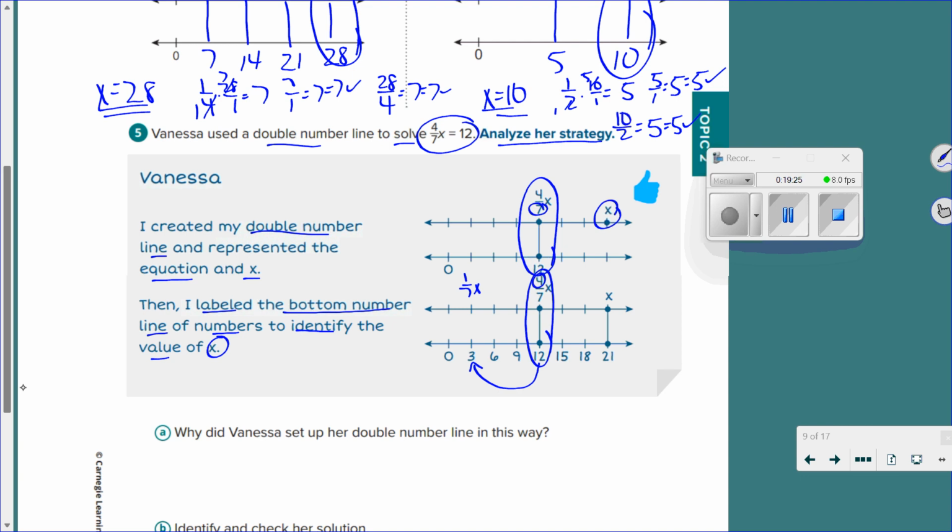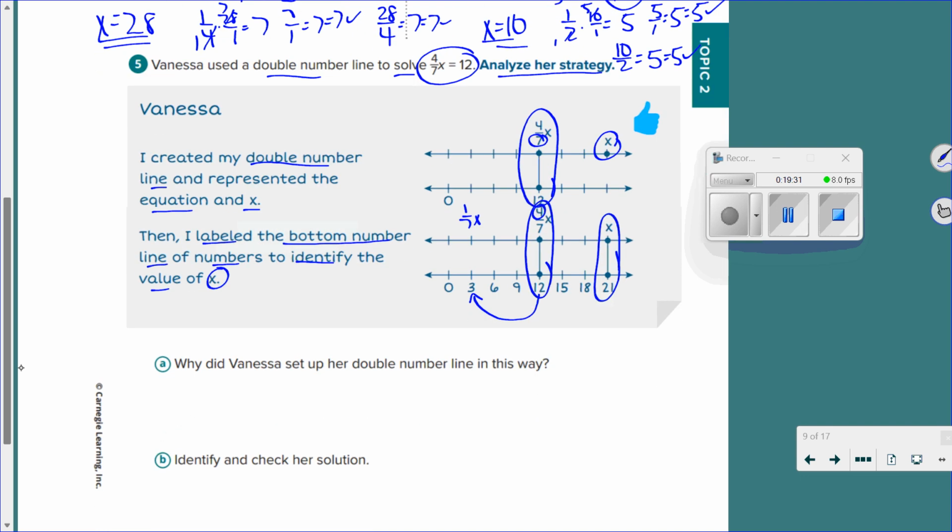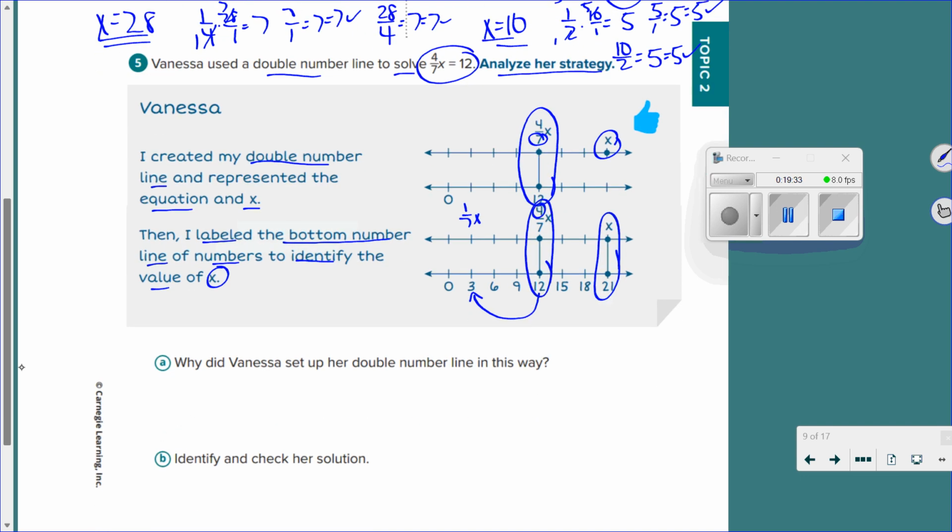So why did she set the number line up this way? Basically explained it to you. You can say it back. Good. She needed 7 intervals because the denominator was 7. Then how did she choose where to put it?